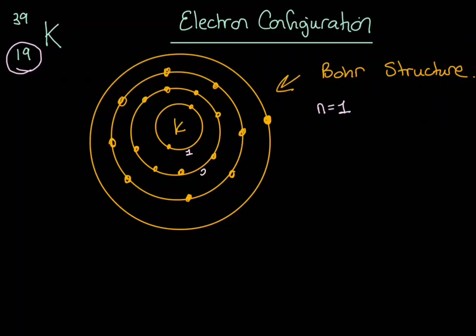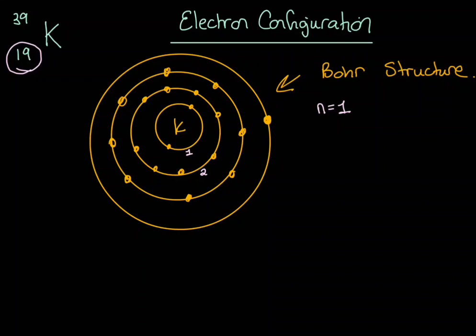Then you would have learned that the next shell, n equals 2, holds 8 electrons, and so on. 8, 8, 8. 8 was the magic number that you couldn't go above, apart from the first one. We always knew that the first one held 2 only.